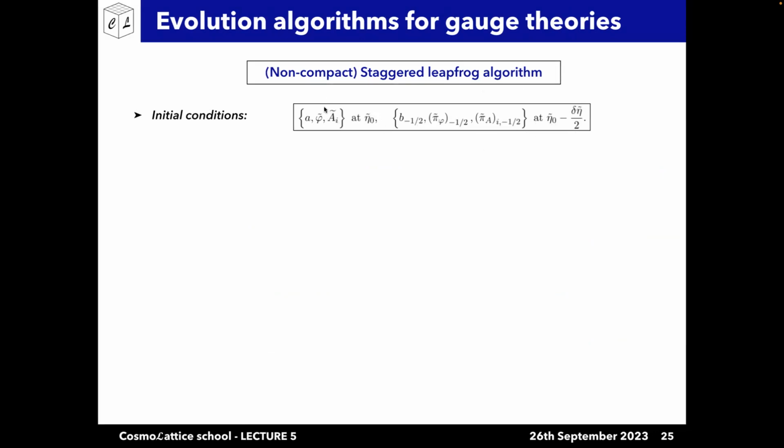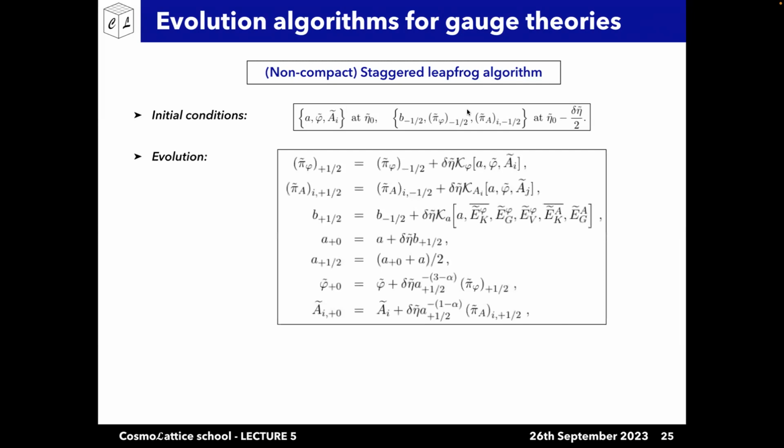Right? So we know the field components and the momenta at different times. And then what we do is to evolve them, just applying directly the staggered leapfrog algorithm.